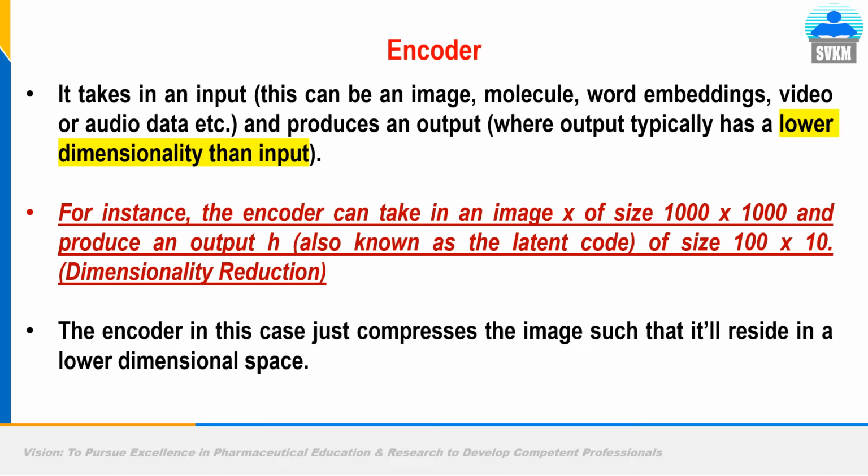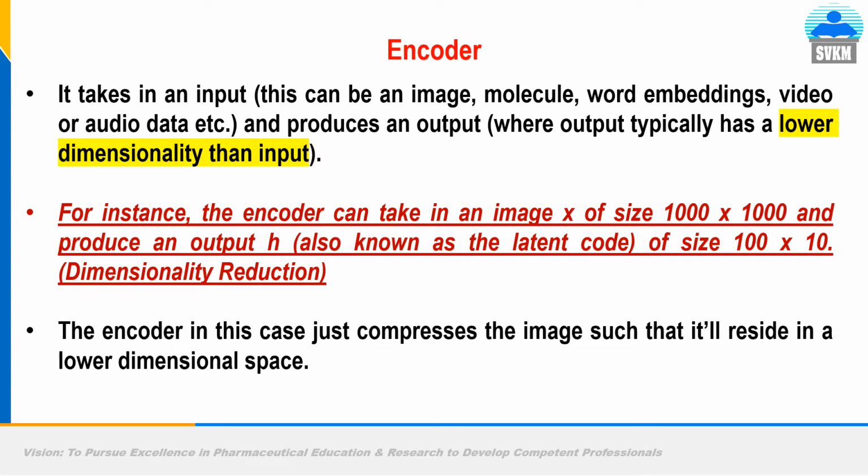So what is an encoder? It takes an input. An input can be an image, molecule, word embedding, for example a sentence, video or audio data, anything it can take, and produces an output, where the output typically has a lower dimensionality than the input.